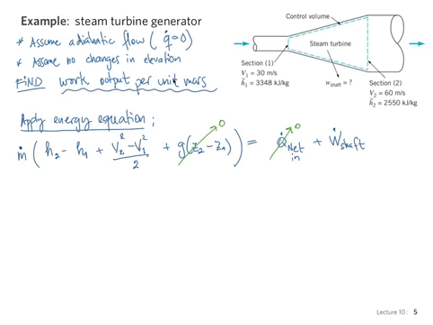Now the work output per unit mass, we normally use just a small lowercase w, and it's going to be equal to the shaft work divided by the mass flow rate.